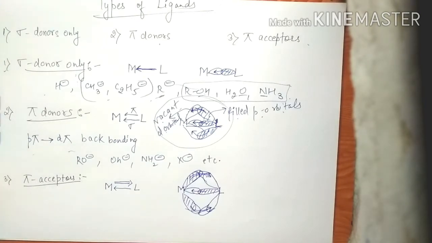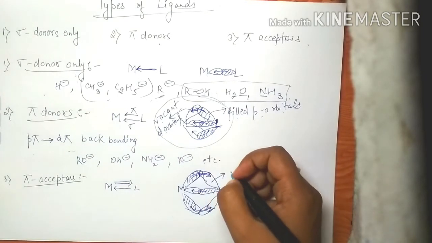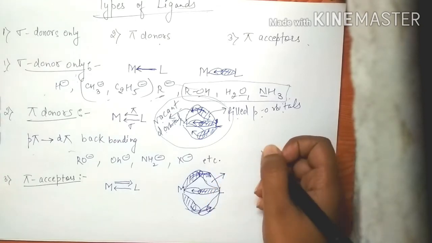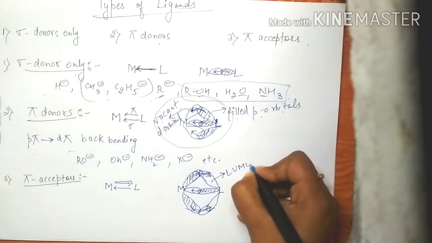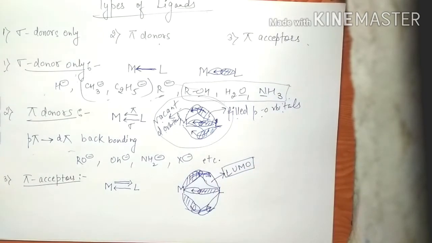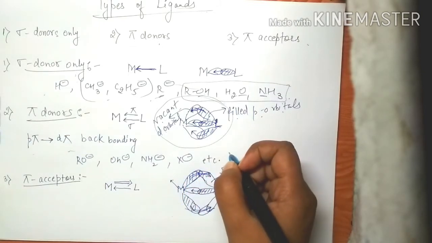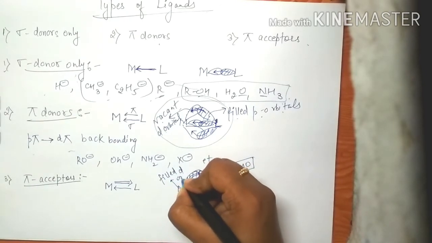Now in the case of pi acceptor ligands, the orbitals of the ligand which participate are basically the LUMO. Okay, and the metal orbitals are basically filled d orbitals.